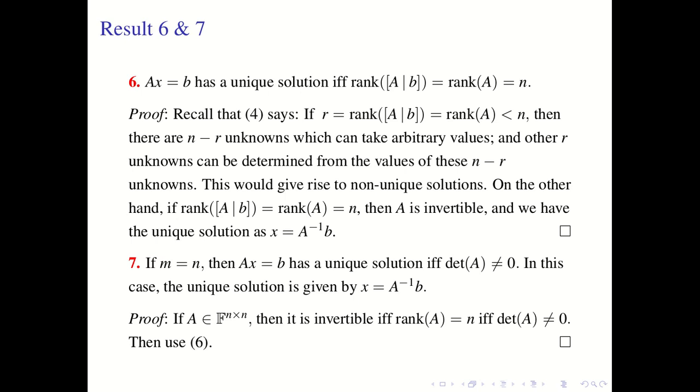And in this case, the unique solution is given by x equal to A inverse b. This is an immediate consequence of the 6th result. A is invertible, an n cross n matrix, if and only if the rank of A is equal to n, if and only if the determinant of A is non-zero. And then just use the 6th result.